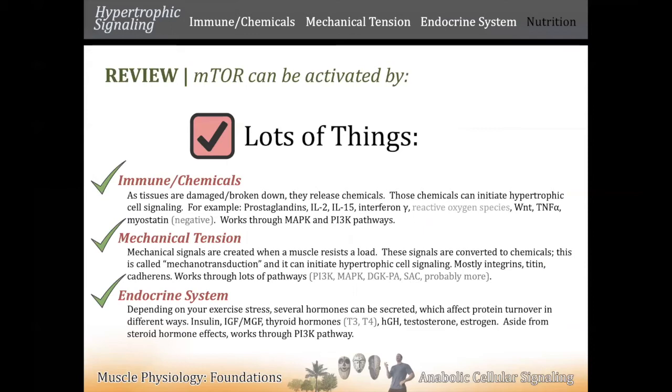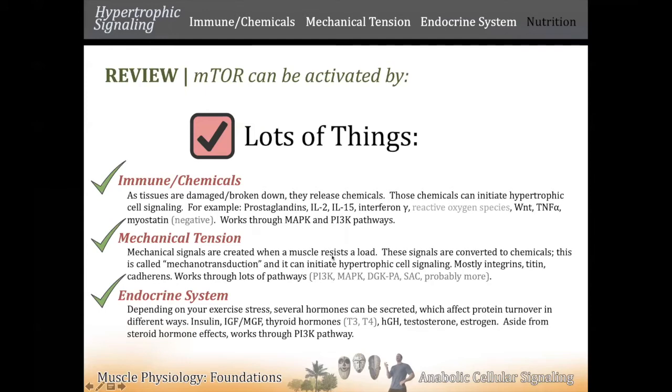We have the immune system, chemicals turning it on, interleukins and interferon gamma, the Wnt proteins, tumor necrosis factor. Myostatin would be a negative regulator, but you could say follistatin here as a promoter, and mostly PI3K with some residual traffic traveling the MAPK highway. But that big 6-lane highway, this is PI3K and just gridlock. I mean, it is just kind of bumper to bumper on PI3K and some spillover on MAPK.